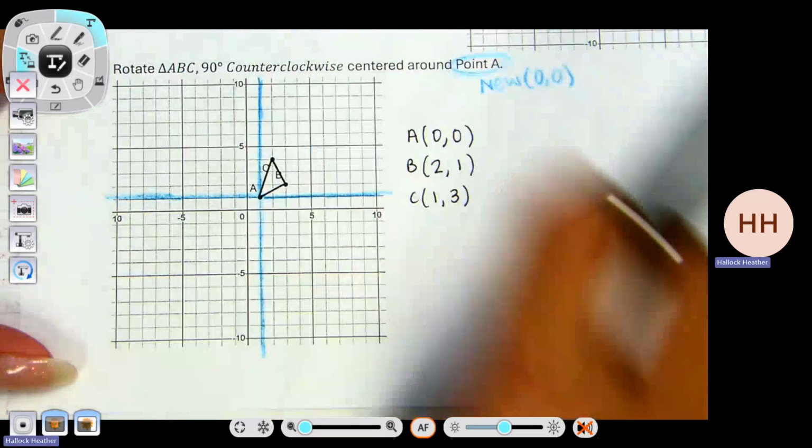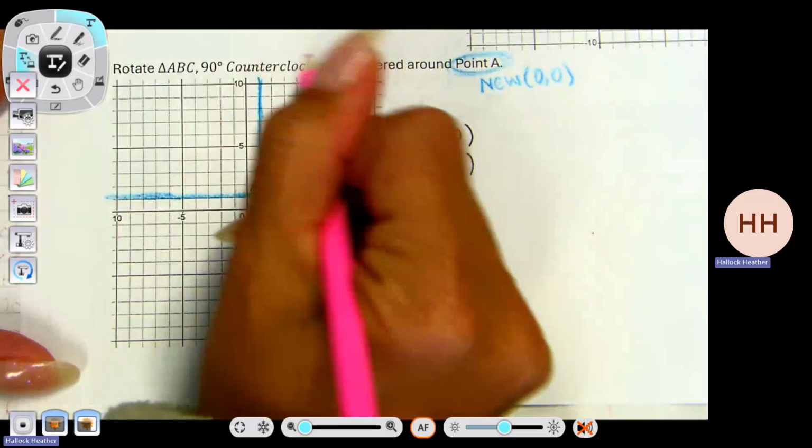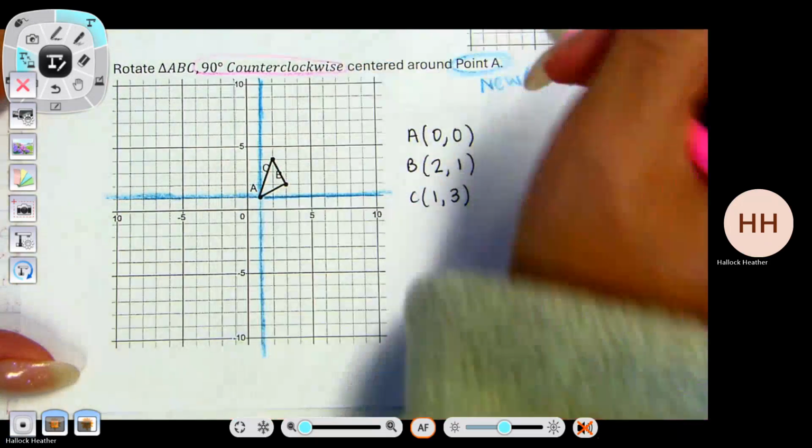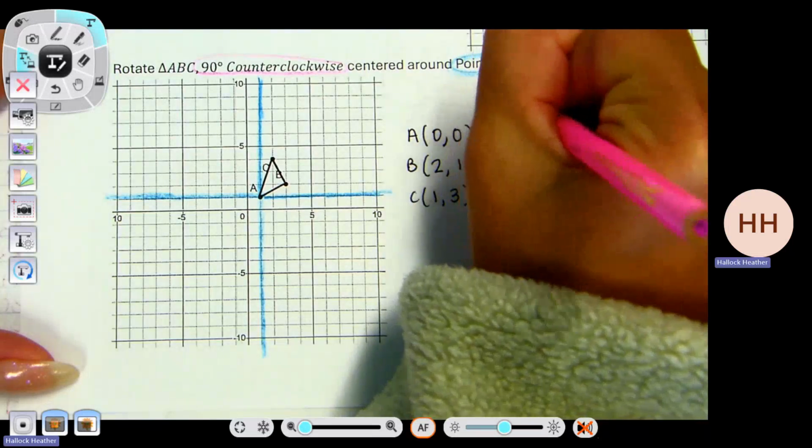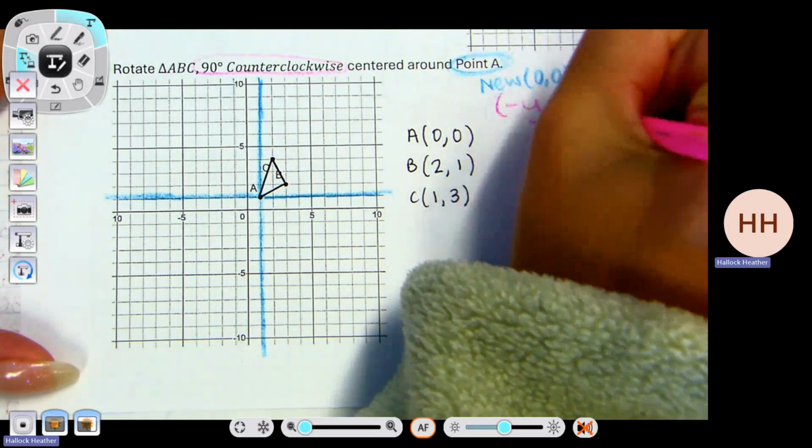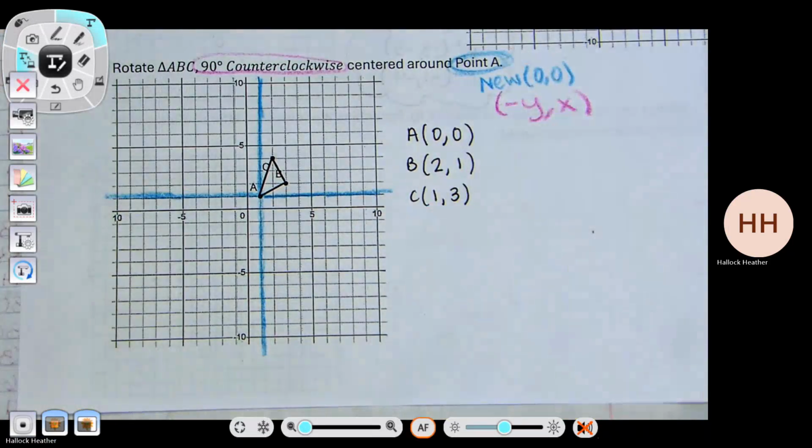You should be using the counterclockwise 90 degrees, which is negative y, x. You're doing two things. You're flipping it. You're making the front negative. Once you plot it, all these numbers are not real. You have to write out the real numbers.